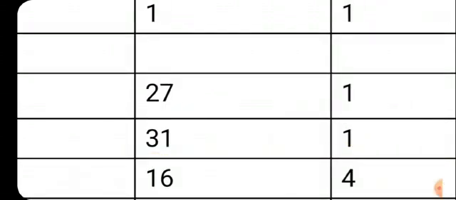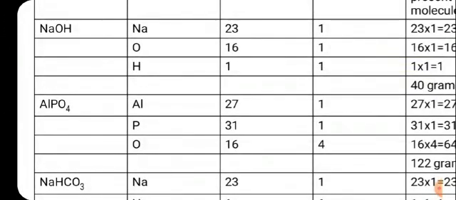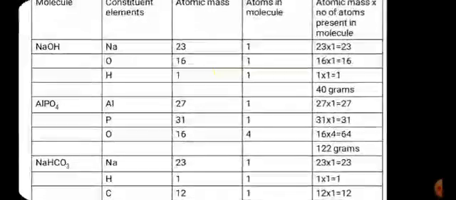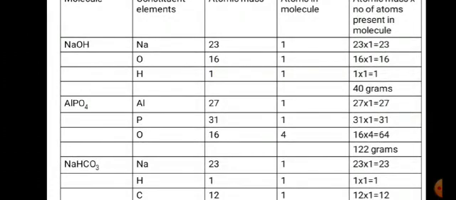Now atomic mass is multiplied by number of atoms. 27 multiplied by 1 is 27, 31 multiplied by 1 is 31, 16 multiplied by 4 is equal to 64. Now add all these atomic masses of constituent elements. 27 plus 31 plus 64 is equal to 122 grams or 122 Dalton is the molecular mass of aluminium phosphate.